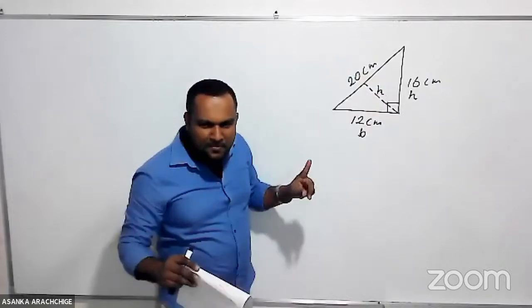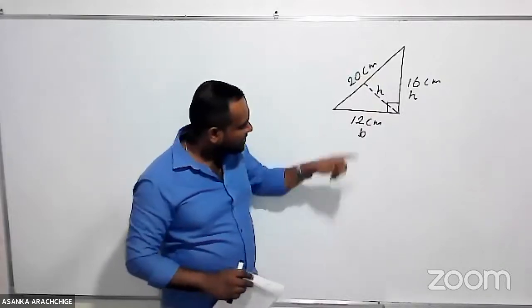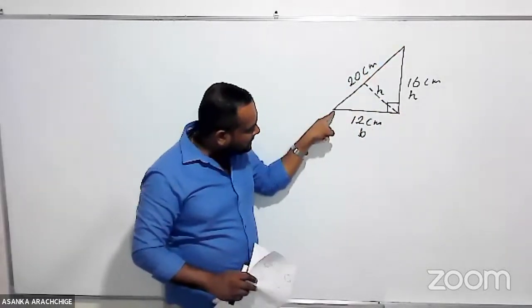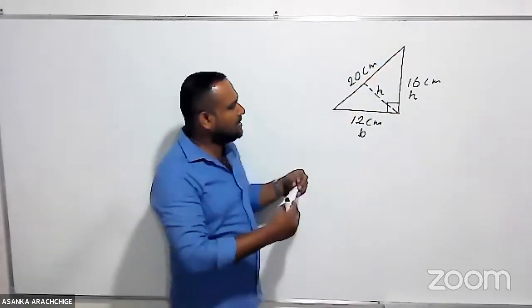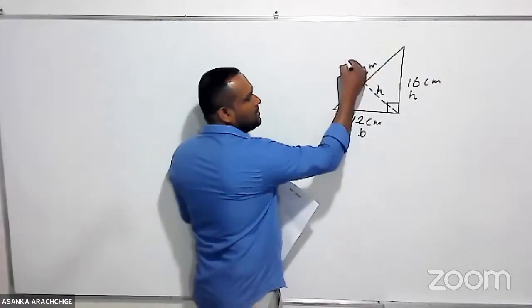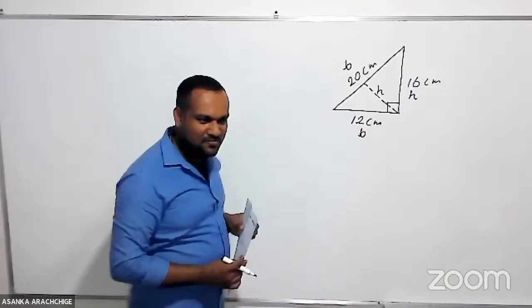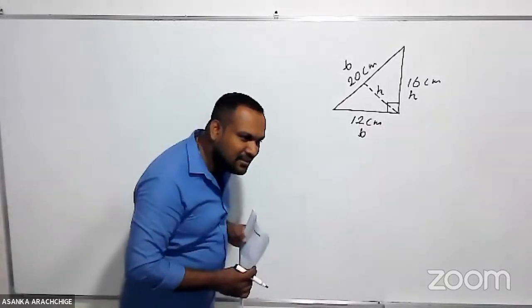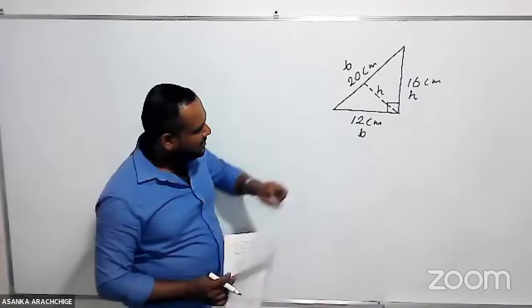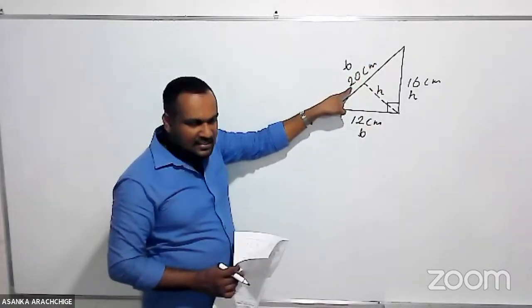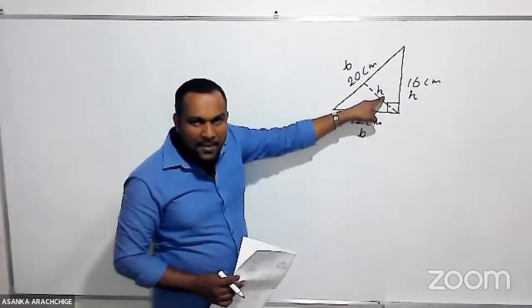So can't you find the area of this triangle by taking 20 centimeters as the base and this as the height? Can't or can? Listen, can you find the area of this triangle taking this as the base and this as the perpendicular height?